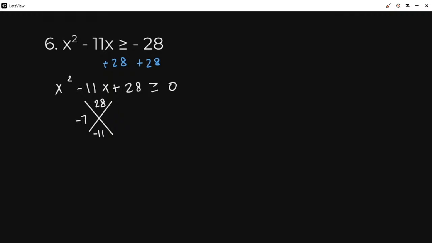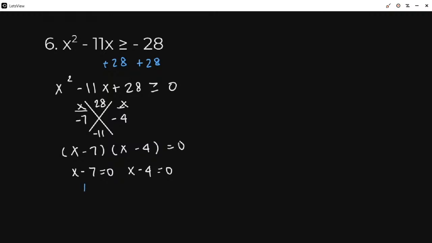So that would be negative 7 and negative 4. So this would factor into x minus 7 times x minus 4 equals 0. Then I'm going to set each one equal to 0 and solve. So I'll get x equals 7 and 4.